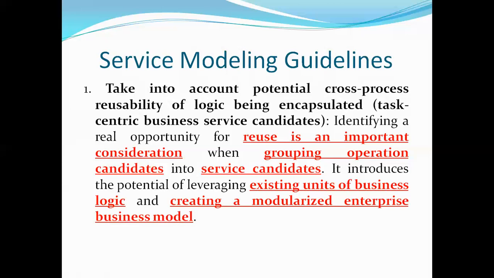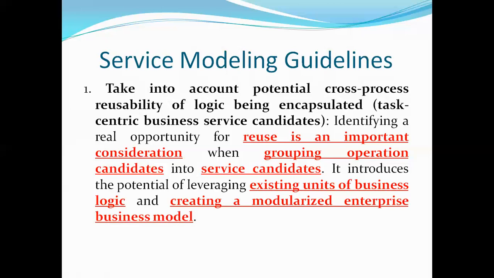When grouping operation candidates into service candidates, you identify the operations, and based on those operations you design the web service. After that, you can integrate these operations through the service candidate, because the analysis process is not yet completed. Therefore, the word service candidate is used.